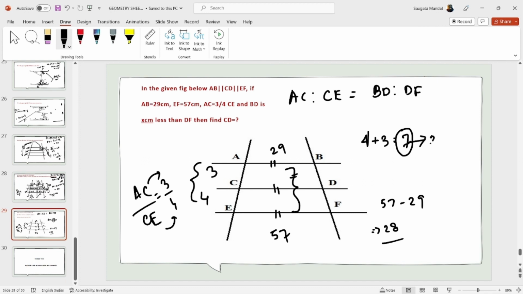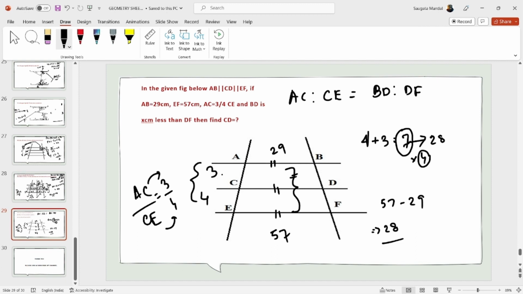That is, 7 is equal to 28, which is multiplied by 4. So what is the value of CD?